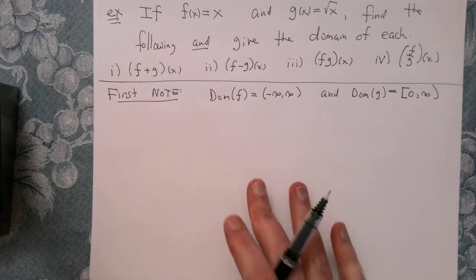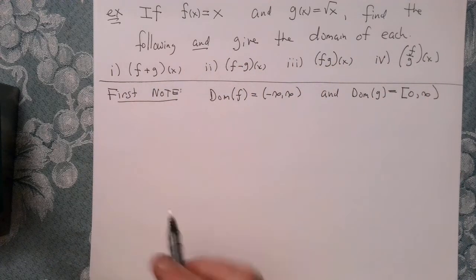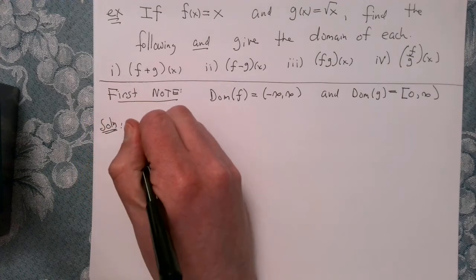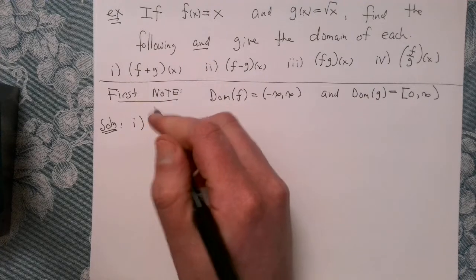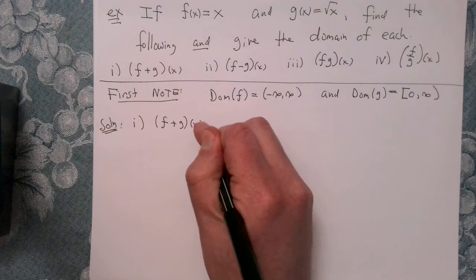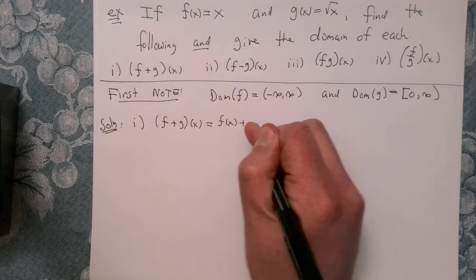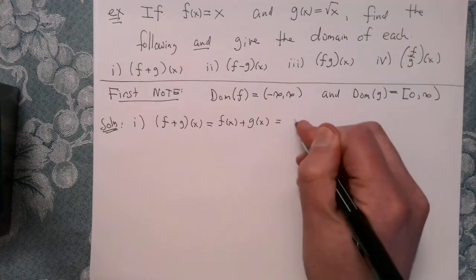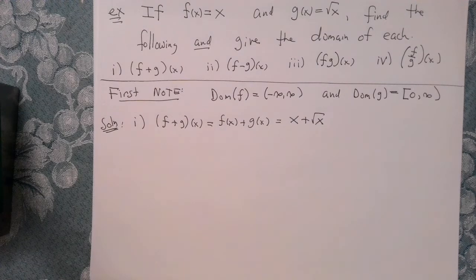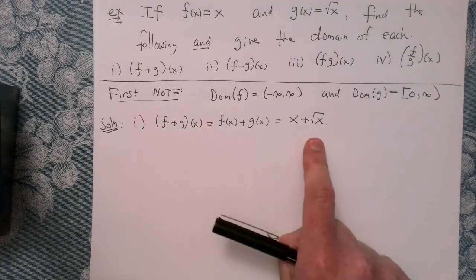Okay, so now that's out of the way, we can find each of these and give their corresponding domains. Okay, so f plus g of x, remember how that's defined? To compute that, that's exactly f of x plus g of x, but that's exactly x plus the square root of x. And so what would be the domain of this new sum function?